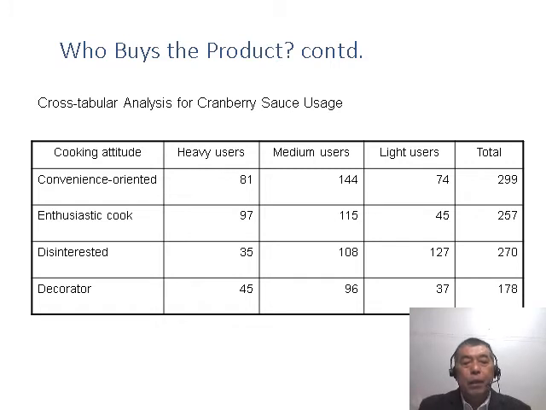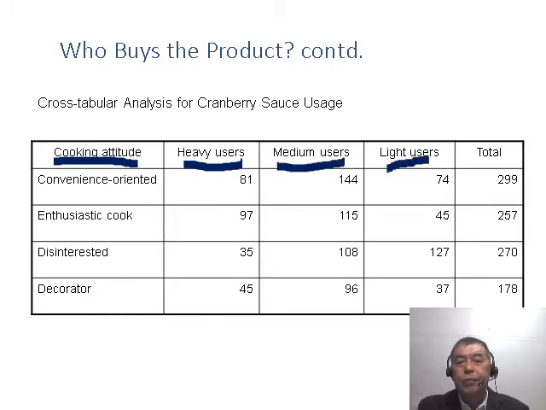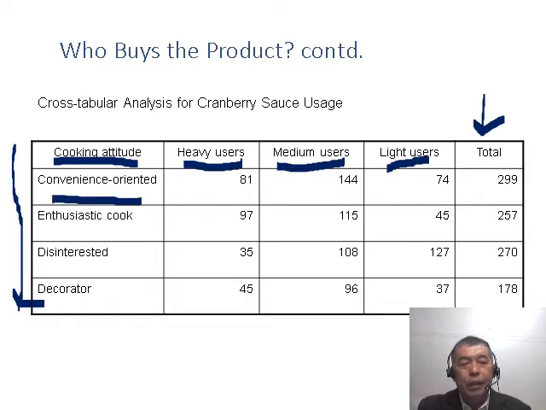On the x-axis you have the cooking attitude: the heavy users, the medium users, the light users, and of course the total. On the y-axis, you can see the categories: convenience-oriented, enthusiastic cook, disinterested decorator.